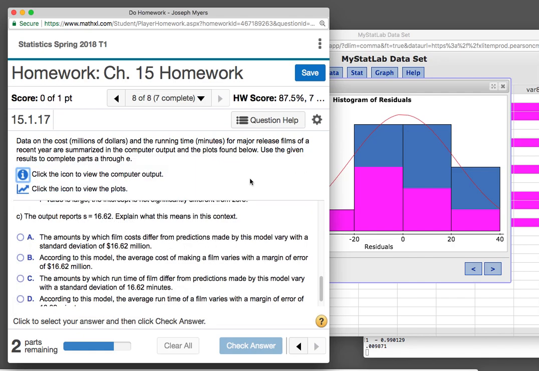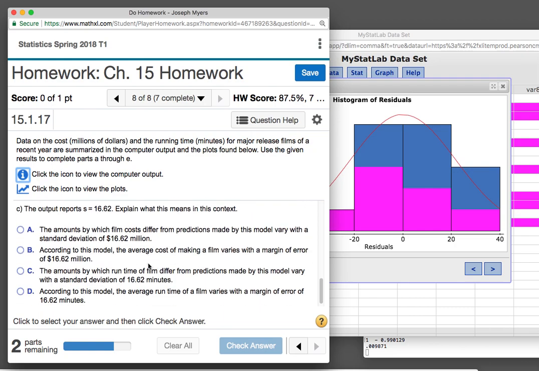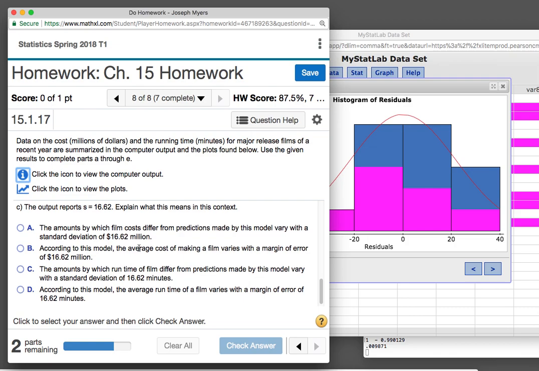So some movies cost $16 million more than would be predicted, and some movies are the opposite. They cost less than predicted. So the amount by which film costs differ from the predictions. That's exactly right. The difference between the actuals and the predicted values have a variation of $16 million.